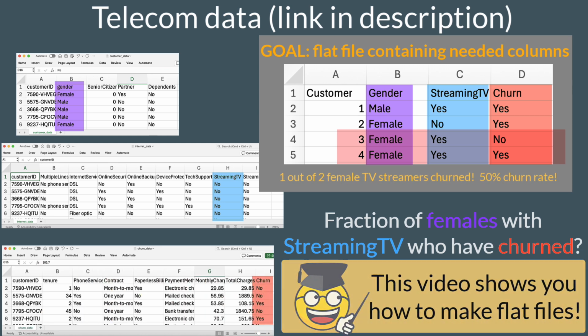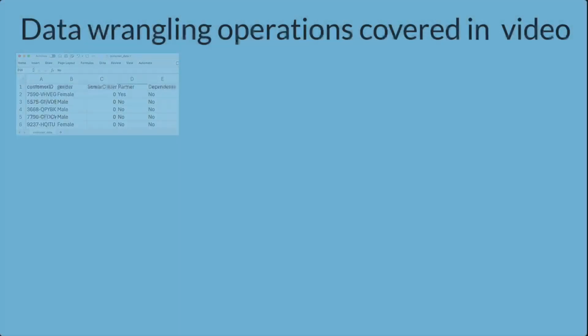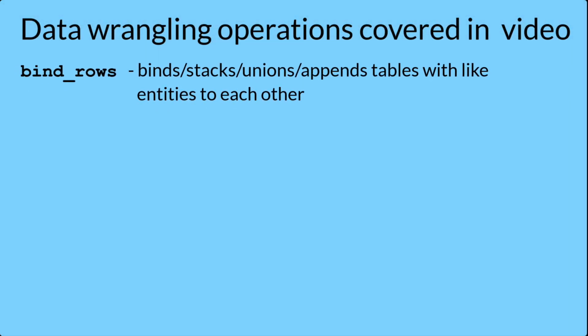So the goal of this video is to show you how to combine disparate data sources so that analytics can happen. We're going to be on the hunt for a flat file that's going to let us do analytics, and we want to learn how to get there. So we'll discuss two major operations. The first is binding rows, or sometimes called stacking or taking the union of different data sources.